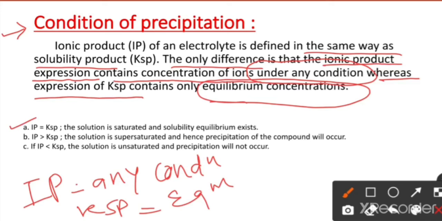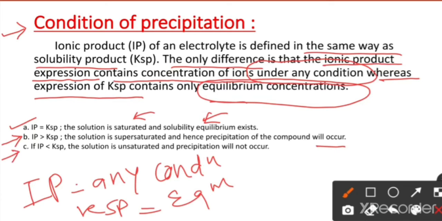So first condition for precipitation, if IP is equal to Ksp, means ionic product is equal to the solubility product, solution becomes saturated and solubility equilibrium exists. Second condition, ionic product is greater than solubility product, solution becomes supersaturated, hence precipitation of compound will occur.